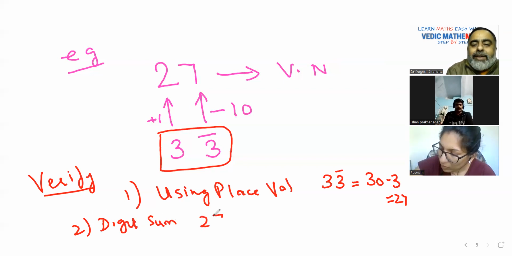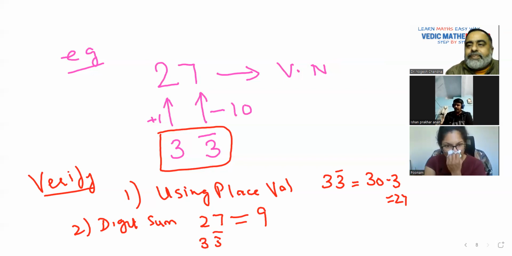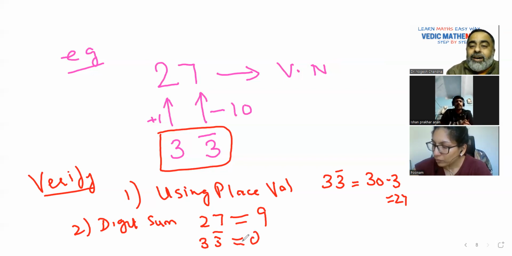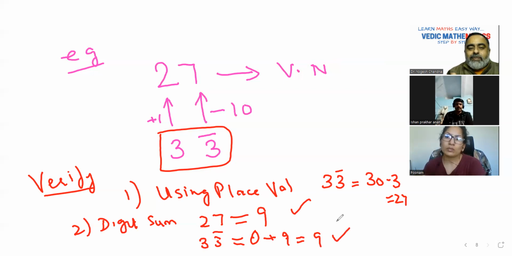Now 2 and 7, what is the digit sum? 9. And for 3 bar and 3, what is the digit sum? 0. Yes, Sudhanshu, 0. What did we learn last time? 0 can't be the digit sum. So what do we do? Add 9 to it. So in both cases my digit sum is the same. Please write down this example first, then we'll move.